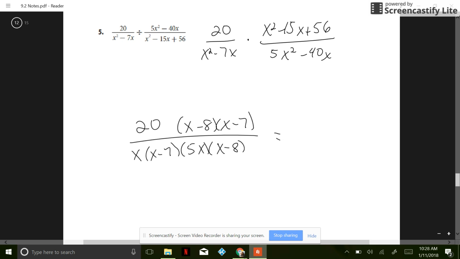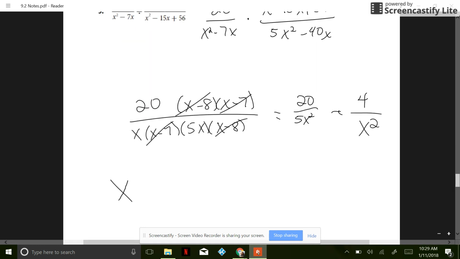So when we look at things that are canceling, x minus 8s are canceling, x minus 7s are canceling. So we'll end up with 20 over 5x squared. And we can actually simplify that a little bit. 20 over 5 is 4 over x squared.